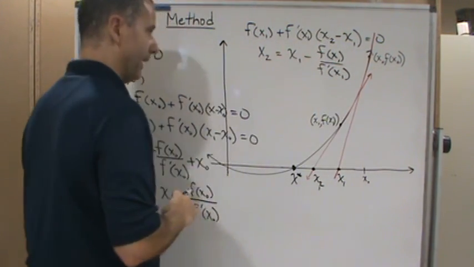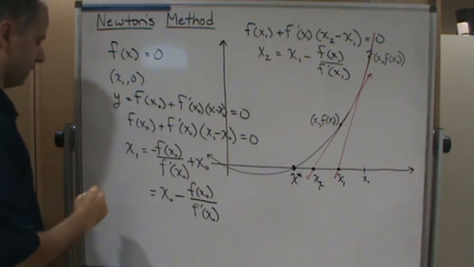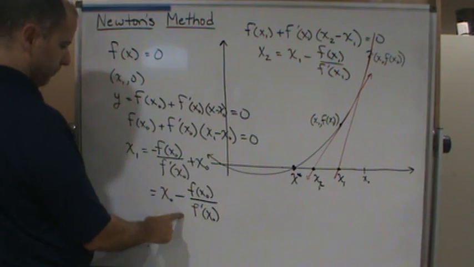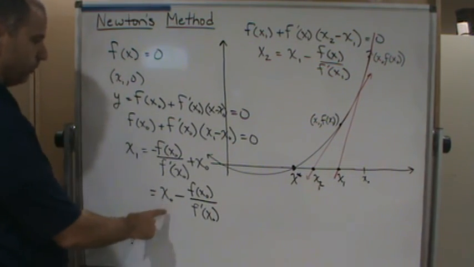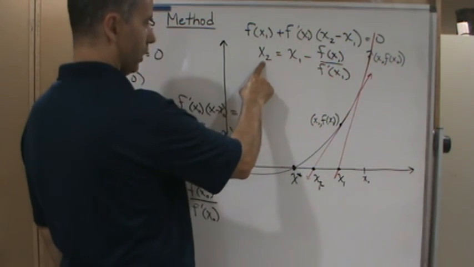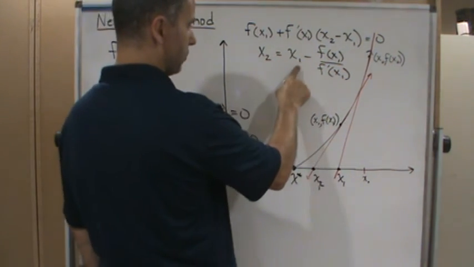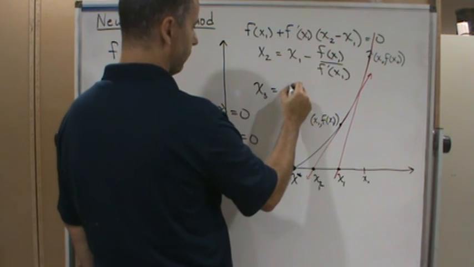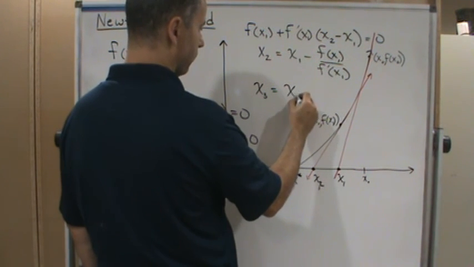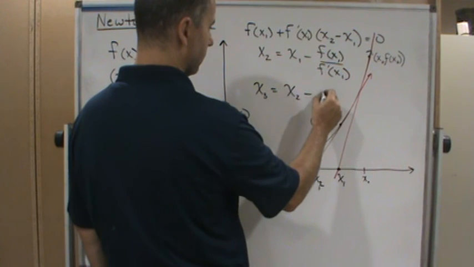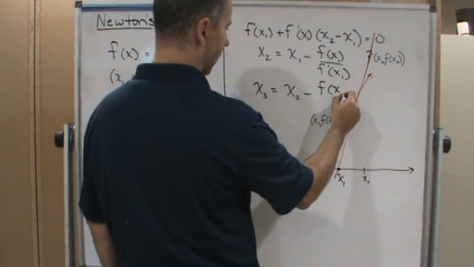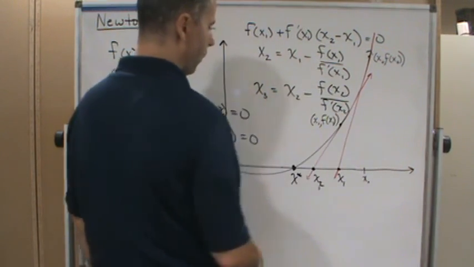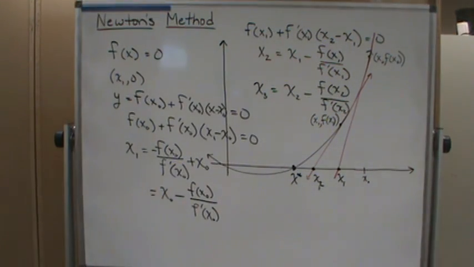And now, guess what? Now we see the iterative process. We've defined x1 in terms of this formula, in terms of x0. The next one is going to be x2. The next intercept is going to have to satisfy this formula. And then, of course, x3 is going to have to satisfy the next formula, which is going to be x2 minus f of x2 over f prime of x2, and so on.